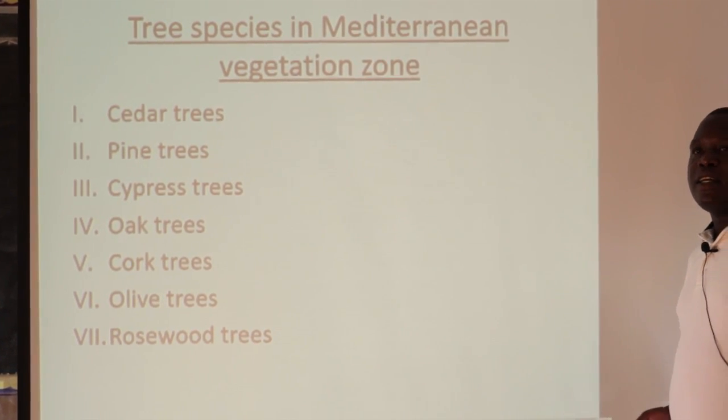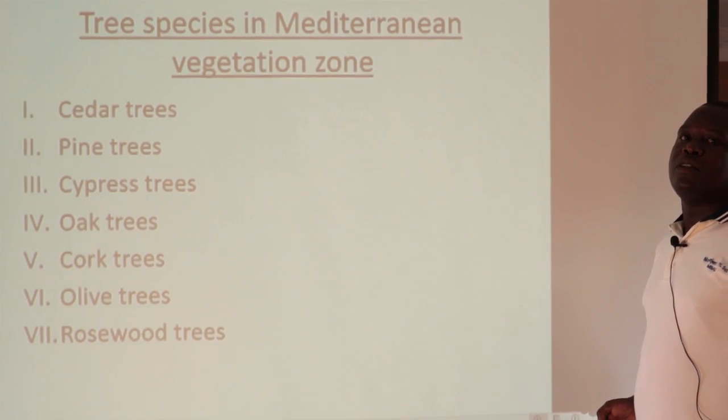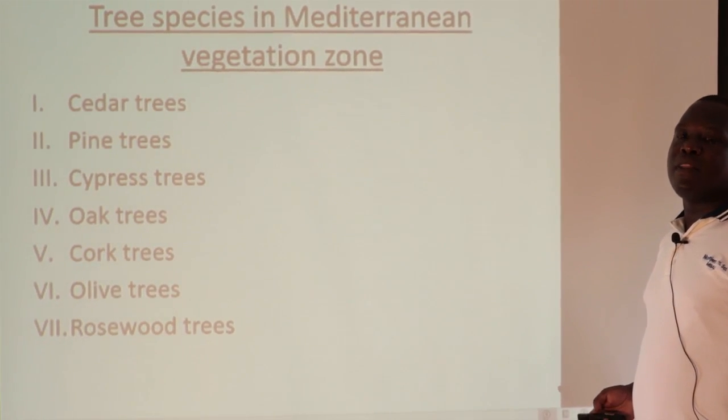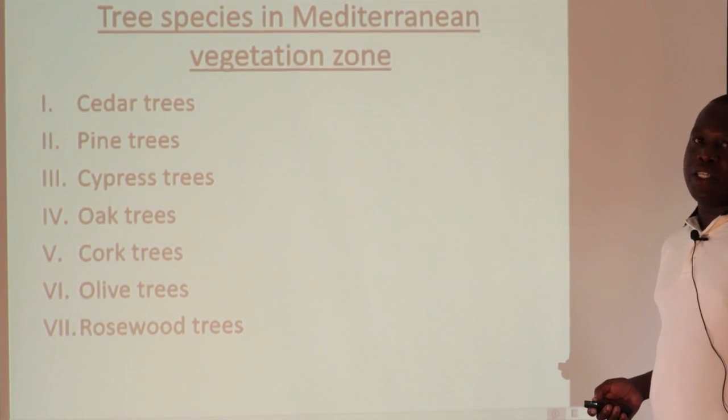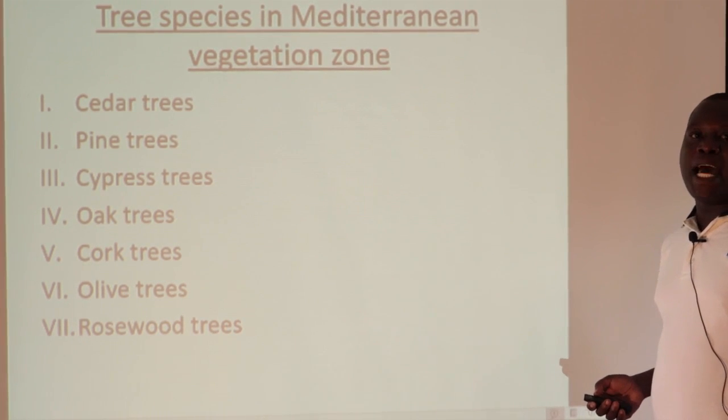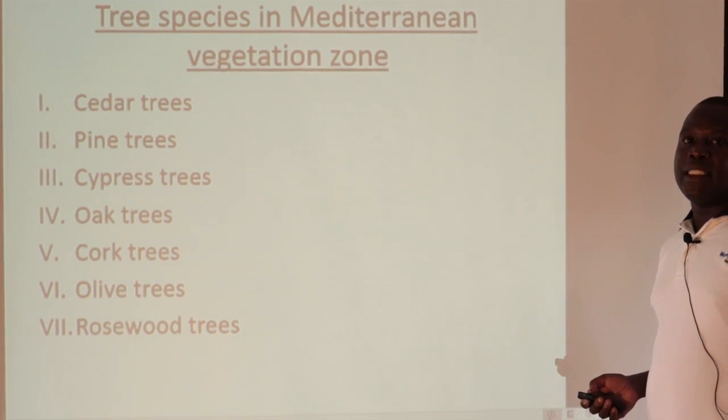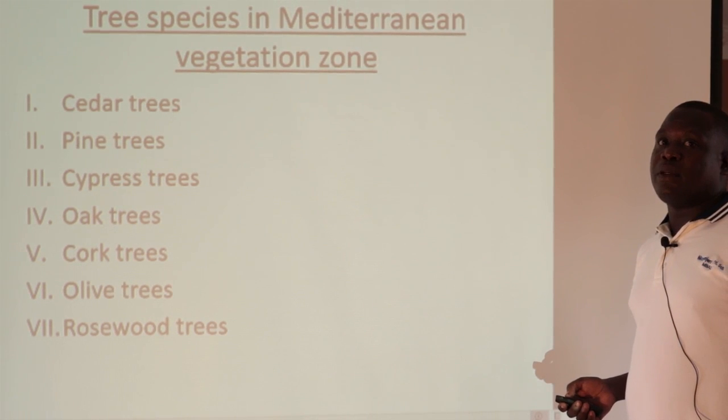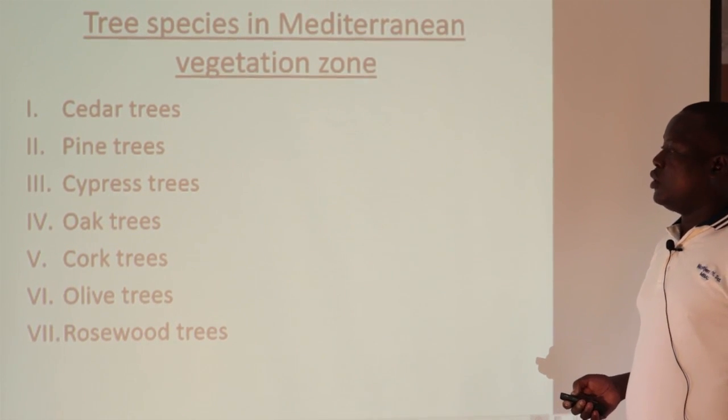These are all the types of tree species that are found there. What is common with these is that these trees are mainly planted by the people, and that's why they give softwood.